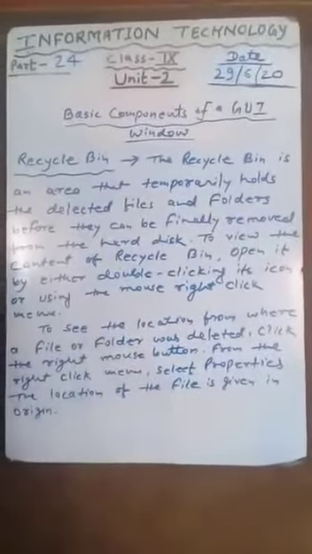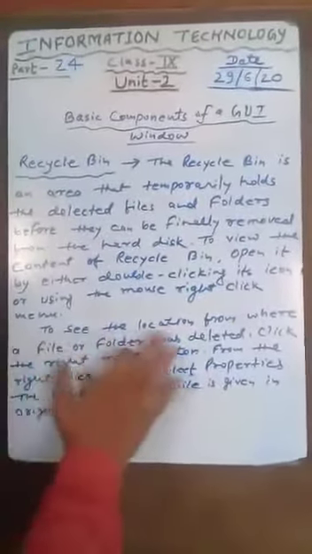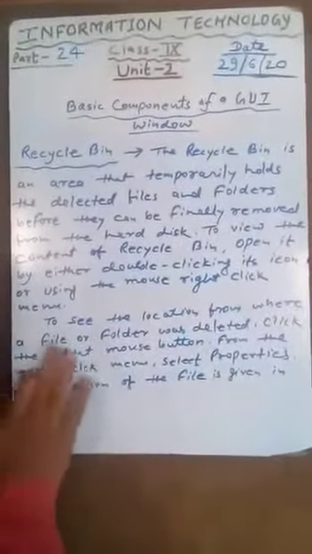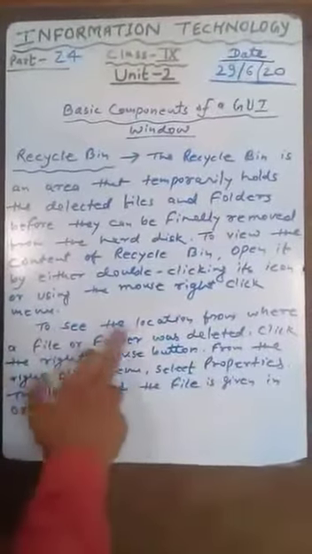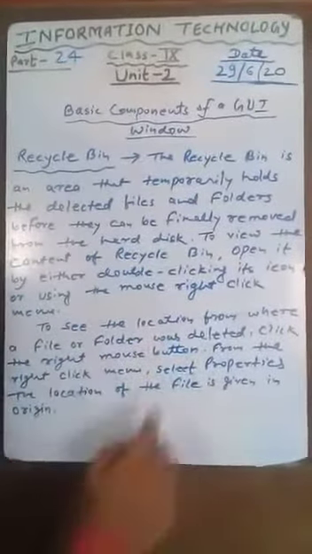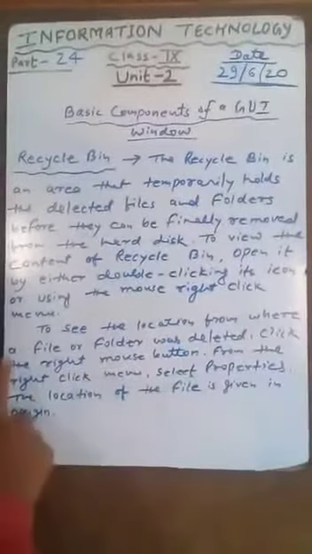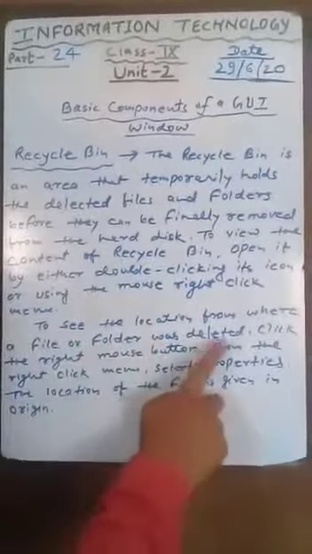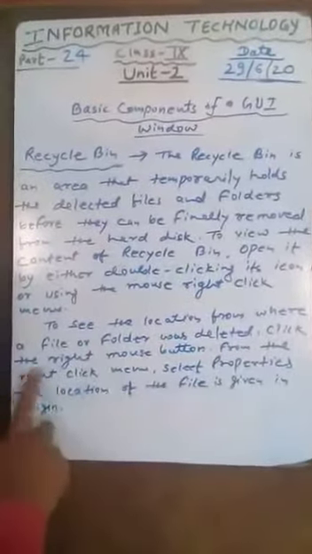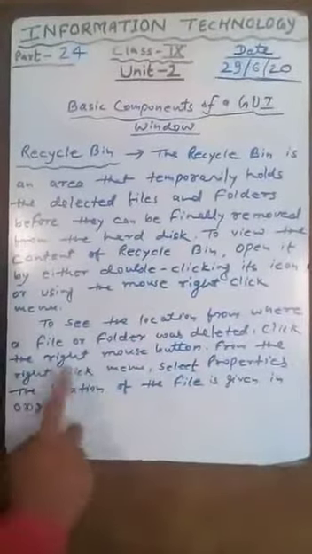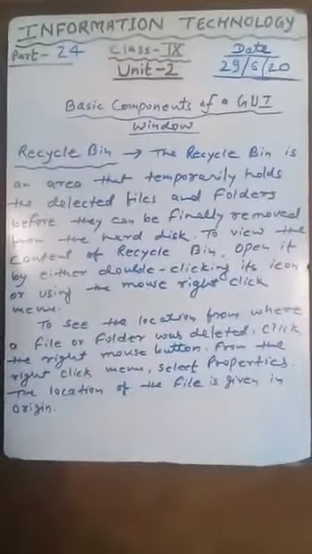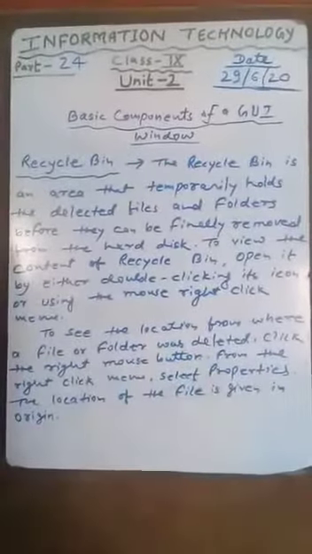Our next point is to see the location from where a file or folder was deleted. To see it, click the right mouse button, and from the right click menu select properties.